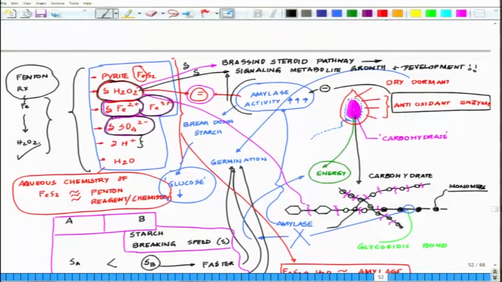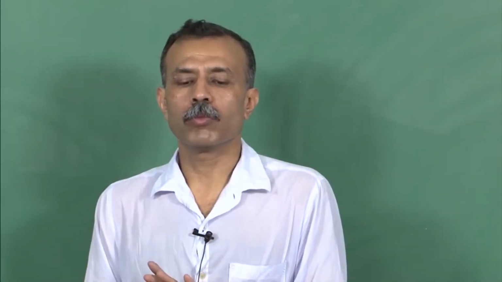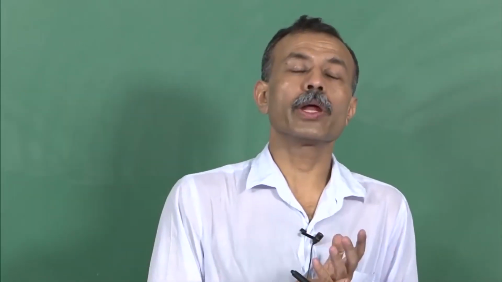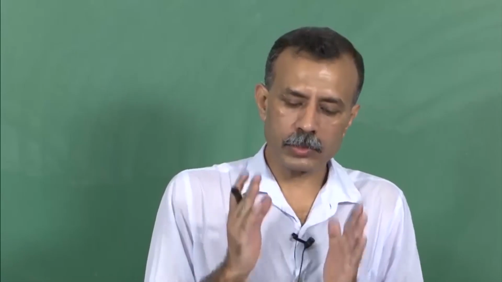While mimicking Fenton chemistry, it generates hydrogen peroxide, which mimics amylase activity, and just like amylase, it chops off the glycosidic linkage, thereby increasing the possibility of the plant to absorb more or get more energy in the shortest possible time.